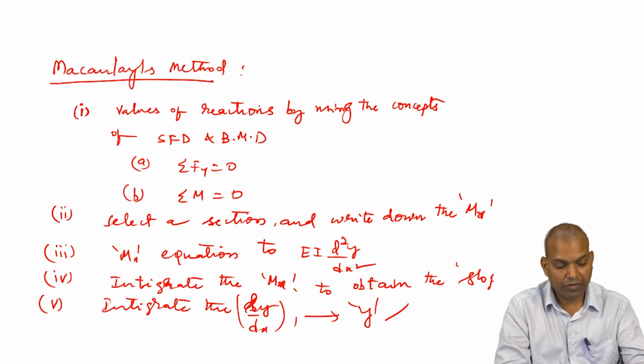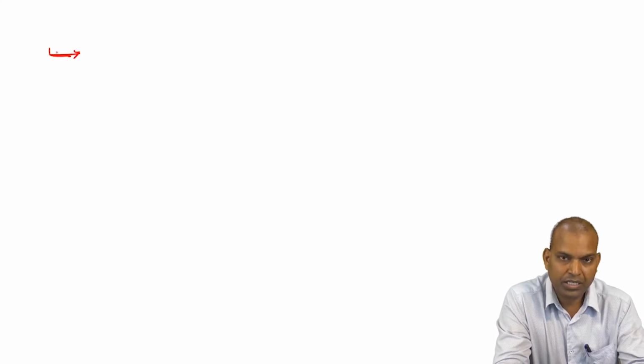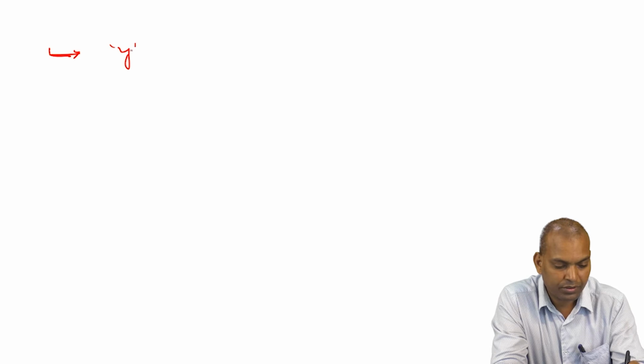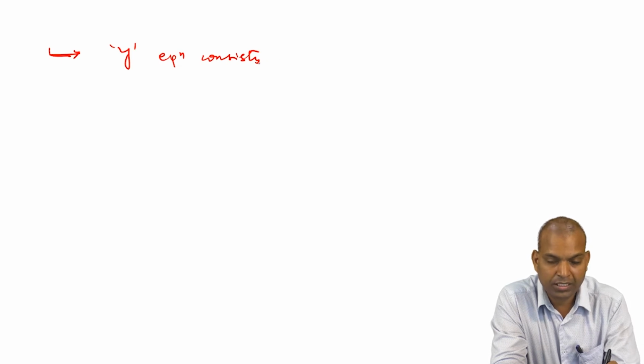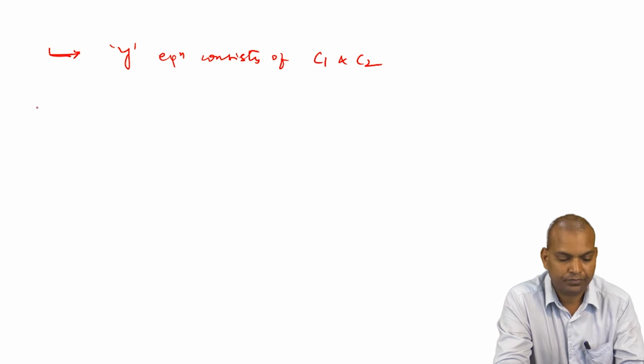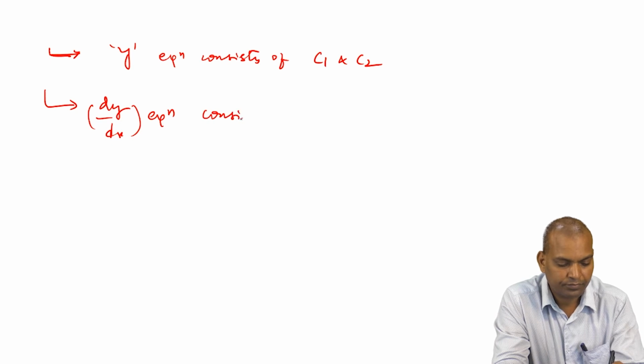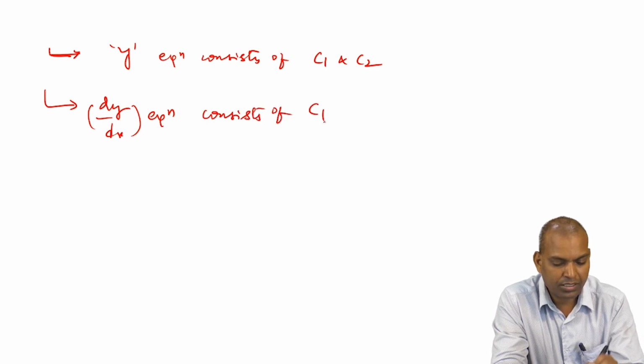The deflection equation, the y equation, consists of two constants of integration, C1 and C2, whereas the slope equation consists of one constant of integration.